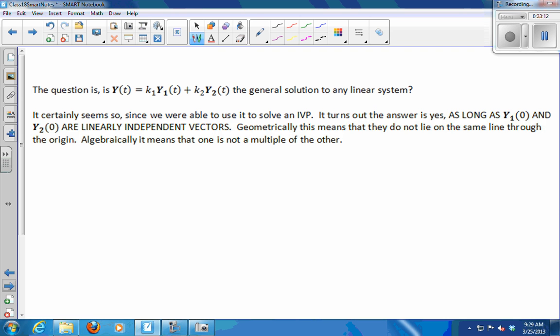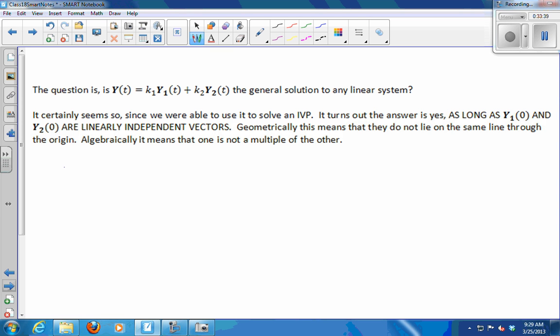That is the general solution, as long as y1 of 0 and y2 of 0, that is your initial conditions, are linearly independent. So if you've had linear algebra, you know what that means. If you don't, geometrically, it means that the two vectors don't lie on the same line. If you were to plot them both, they can't be on the same line through the origin. Algebraically, it means that one is not a multiple of the other.